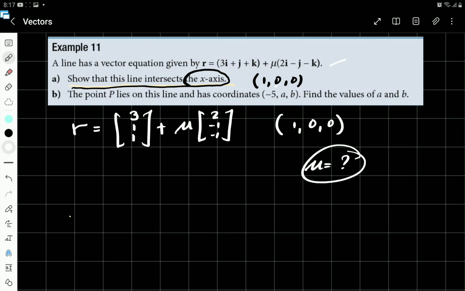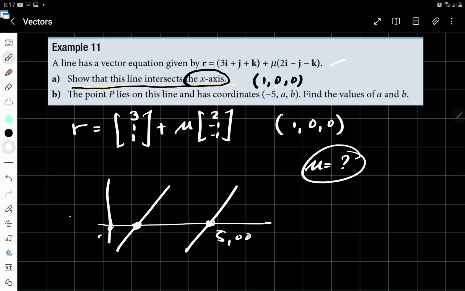Hold on. Not necessarily 1, because I am thinking that if that is (0, 0) here, the line could pass through this one, which is (1, 0, 0), or the line could pass through here, which is, let's say, (5, 0, 0), or the line could pass through here, let's say (3, 0, 0).